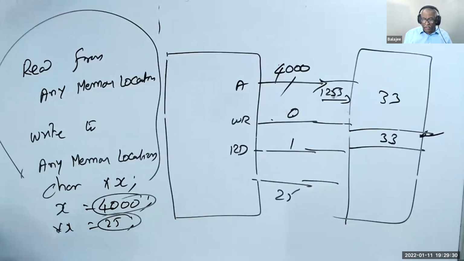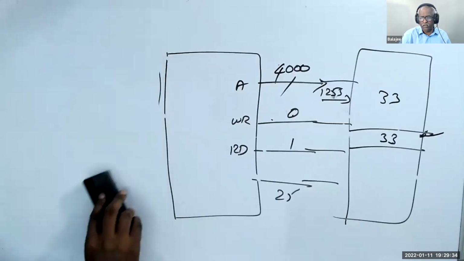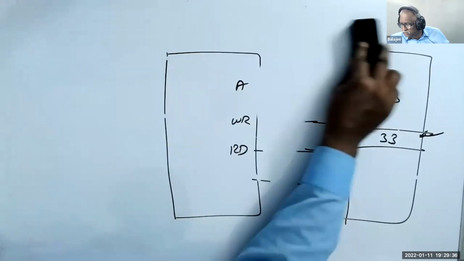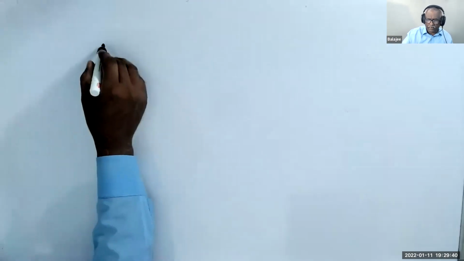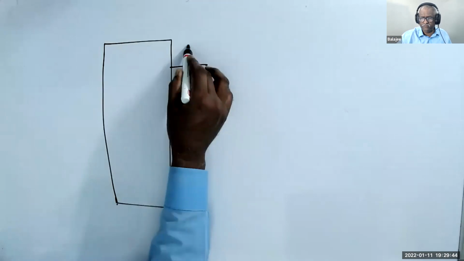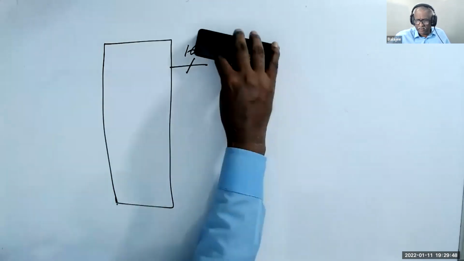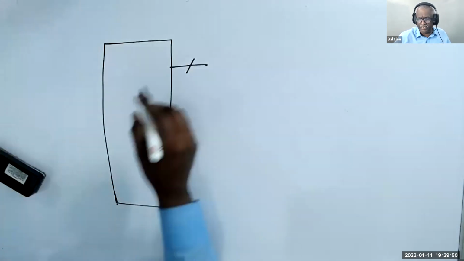So now, since our microprocessor has about 16 address lines, let us take a very simple case. Only 6 address lines.